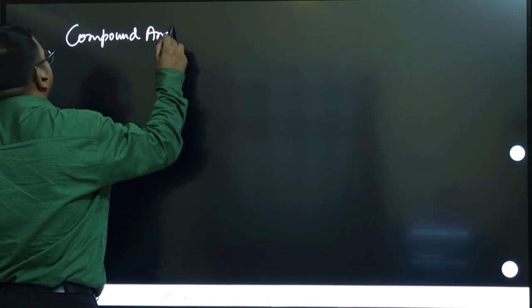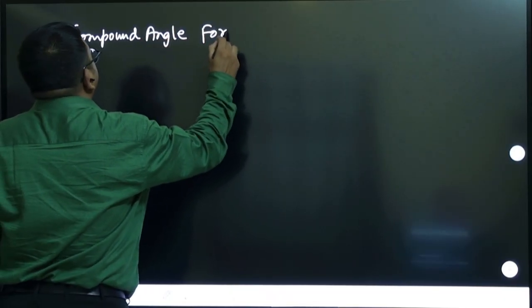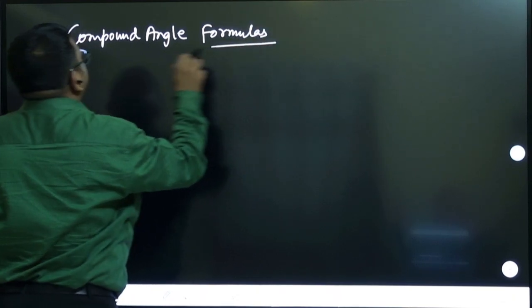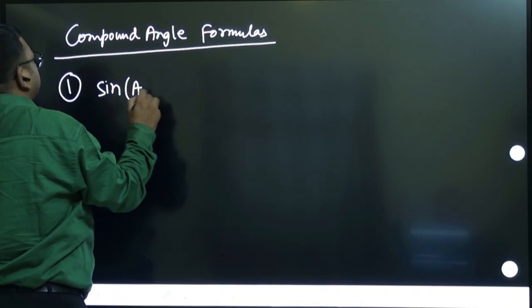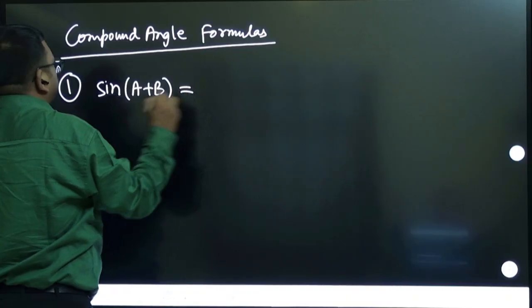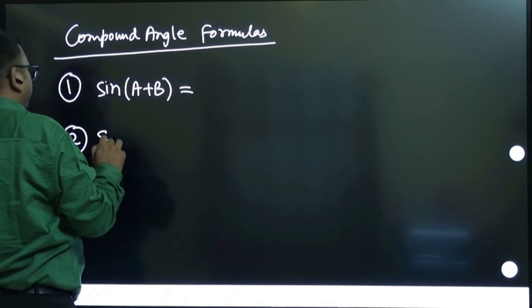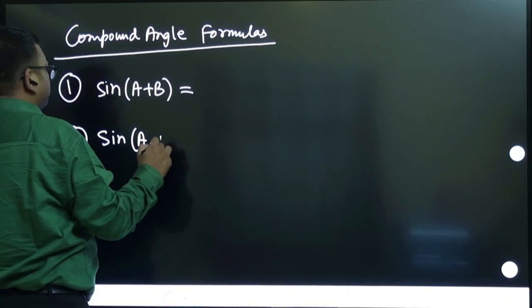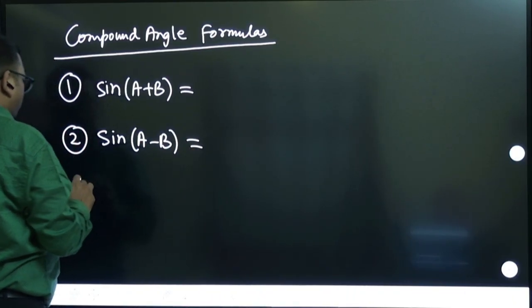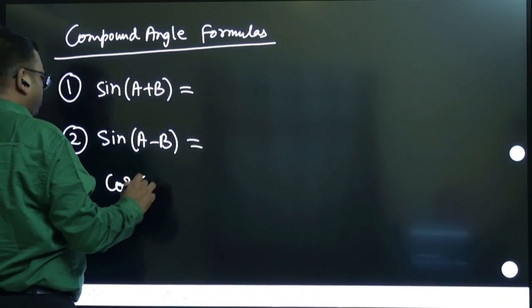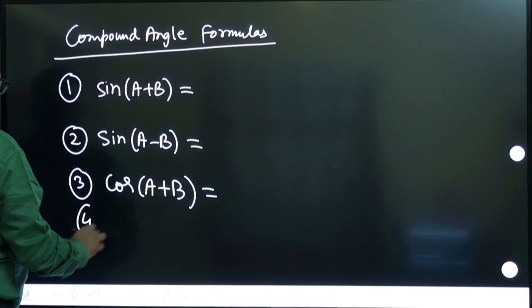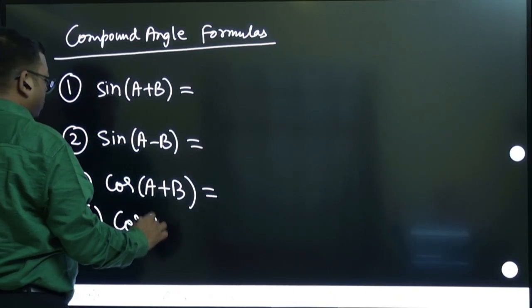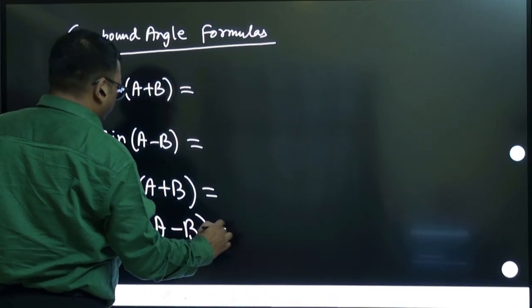Compound angle formulas. First, sin A plus B, sin A minus B, cos A plus B, cos A minus B. Let us write first these formulas.